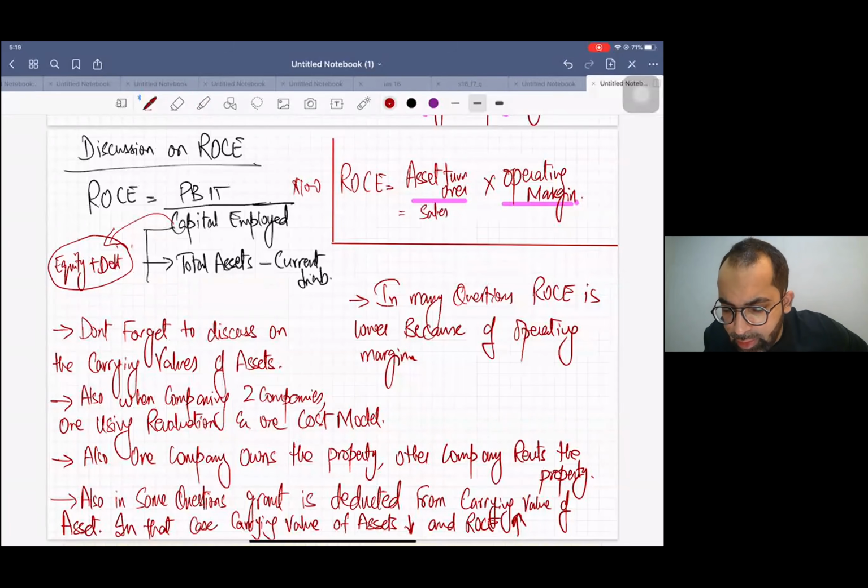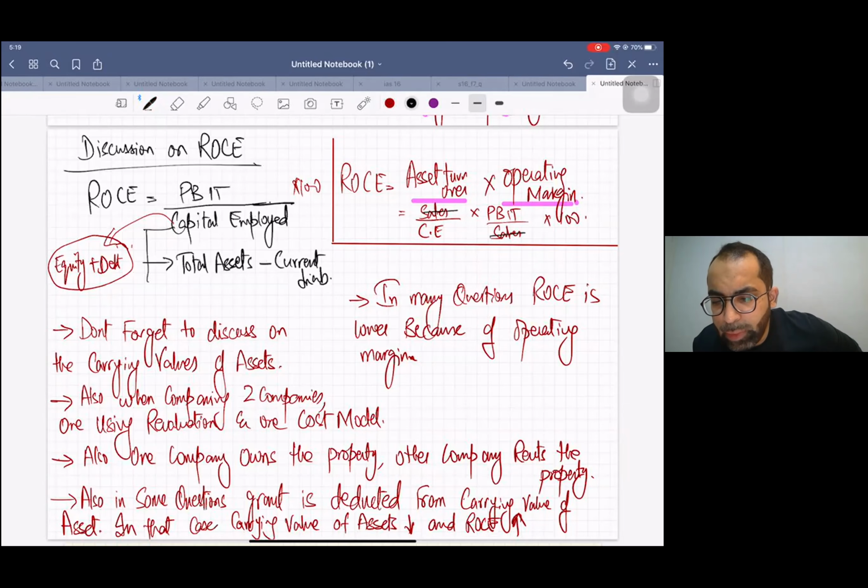Asset turnover is sales divided by capital employed, CE, and operating margin is PBIT upon sales times 100. If you cancel sales and sales, obviously you will get PBIT upon capital employed into 100. So this formula is valid. The return on capital employed is the product of asset turnover and operating margin.